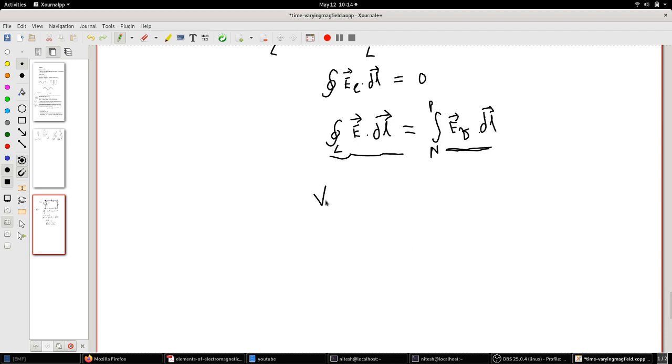Another thing is that VEMF, the potential difference, is given as the integral of EF dot dl from N to P, and it will also be equal to minus the integral of EE dot dl from N to P. So two things: the electric field due to an EMF is not conservative, and second, VEMF is equal to the integral of EF dot dl, or minus the integral of EE dot dl.